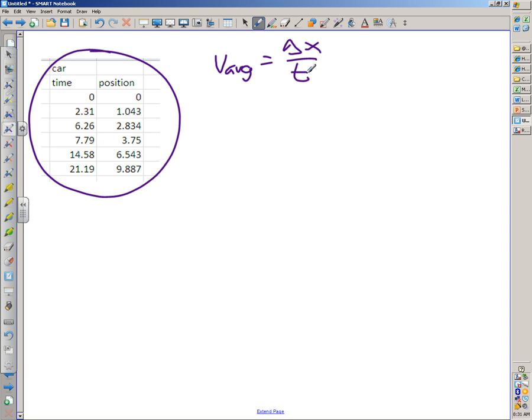The change in displacement, and then the amount of time. So we said that this is our formula for average velocity, delta x over t, and that we can break that down to make it look a little bit more like this.